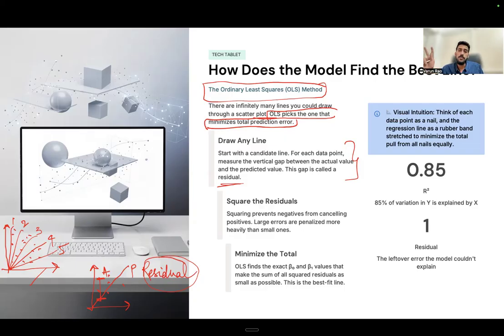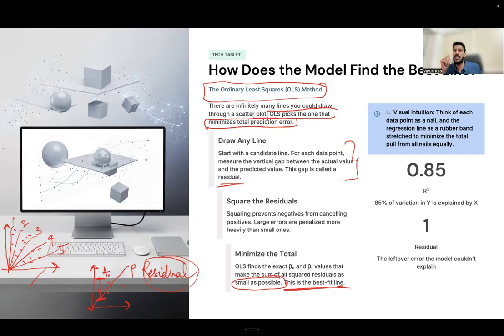There's no deeper understanding than this. Now, the goal is to minimize the total. So what does OLS do? OLS finds the exact M0, M1, or beta naught and beta 1 values that make the sum of all squared residuals as small as possible. And this line is called the best fit line.